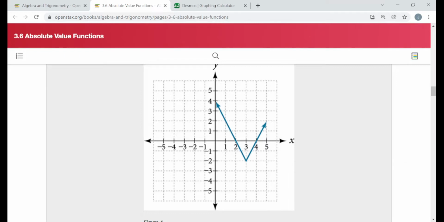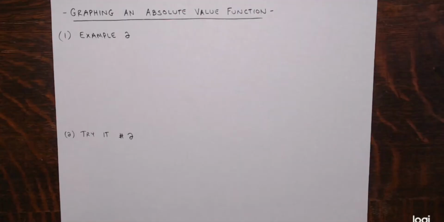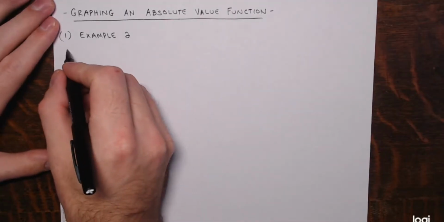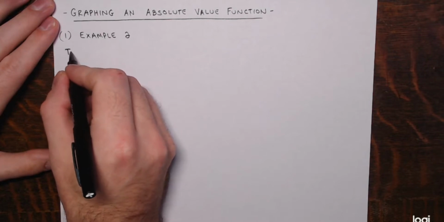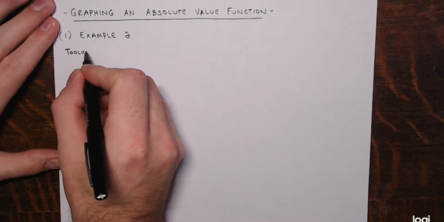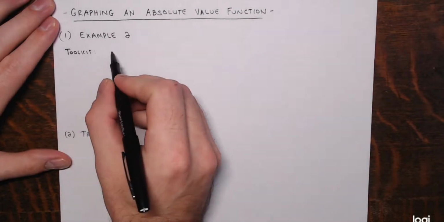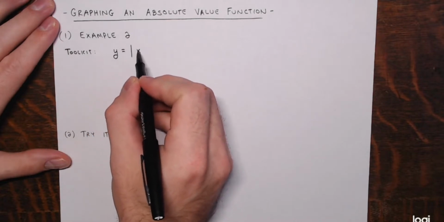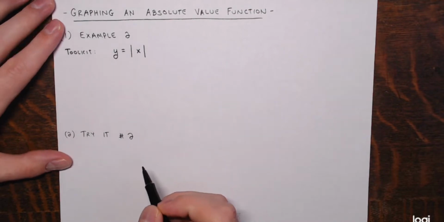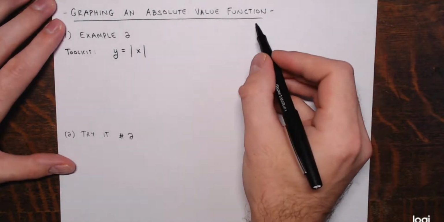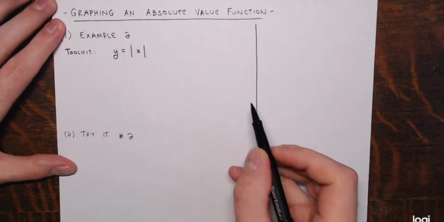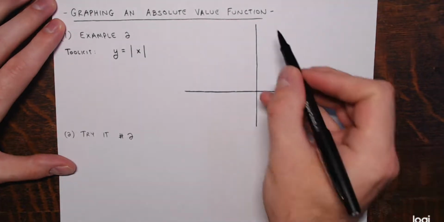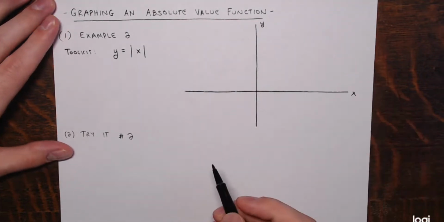Okay, so let me go to my paper, and hopefully you recall. I'm going to start with one of our toolkit functions, the absolute value function, y equals the absolute value of x, which you should know what that looks like. I'm going to make a rough sketch of it over here.